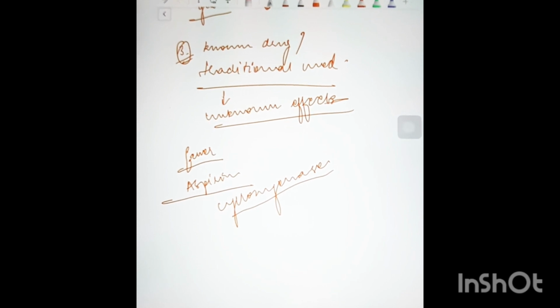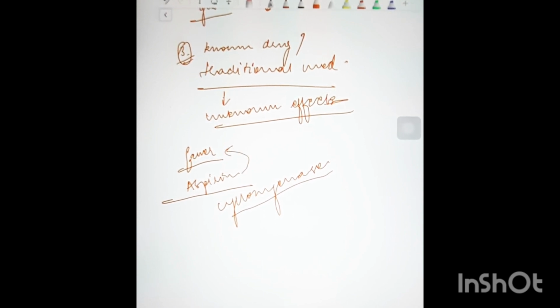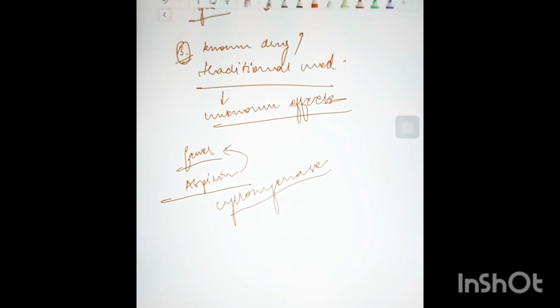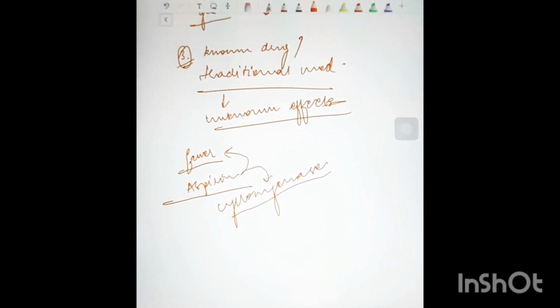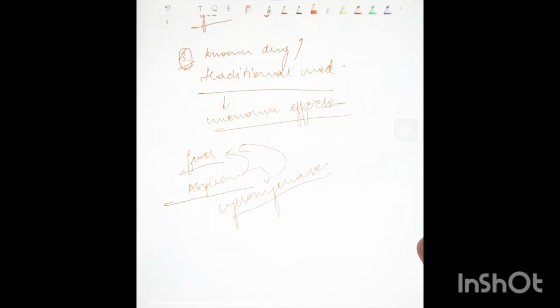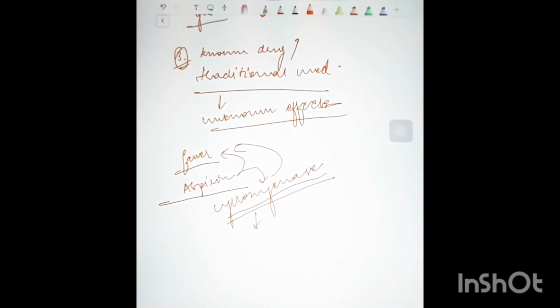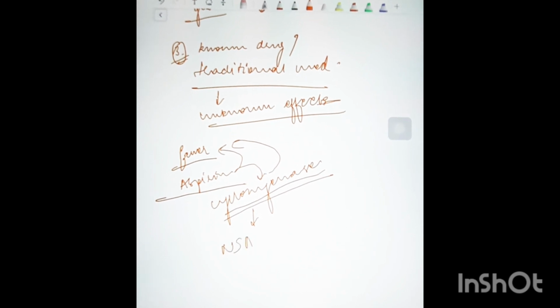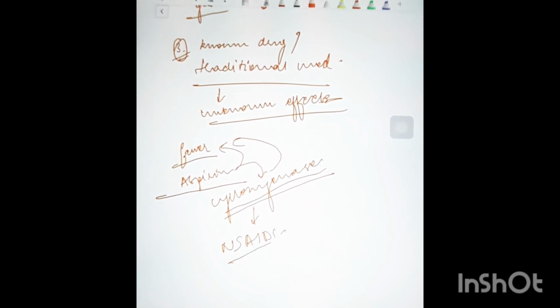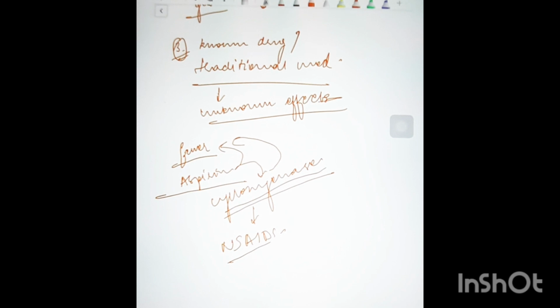Cyclooxygenase is also the target of modern anti-inflammatory and analgesic drugs like NSAIDs. So aspirin, used traditionally from willow bark, acts on cyclooxygenase to treat fever.